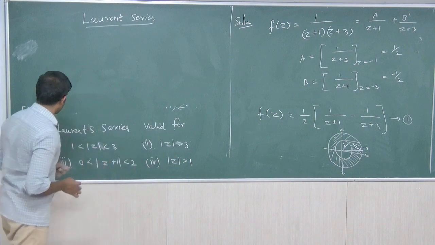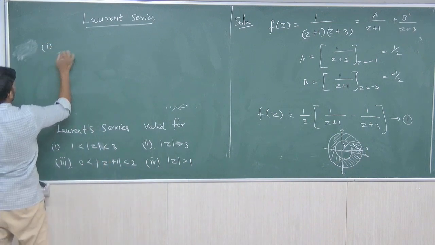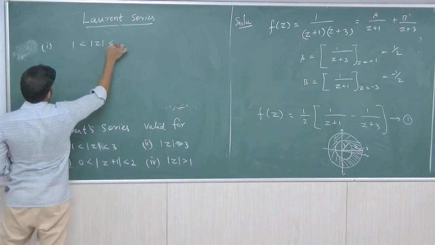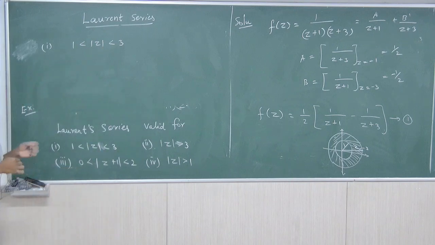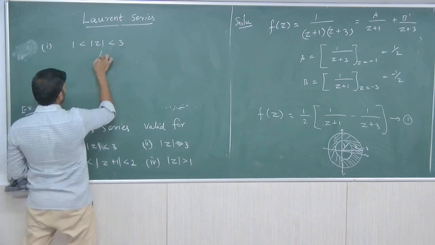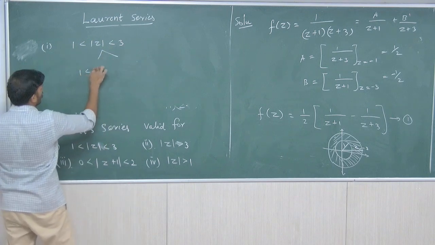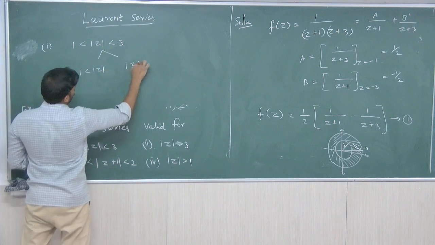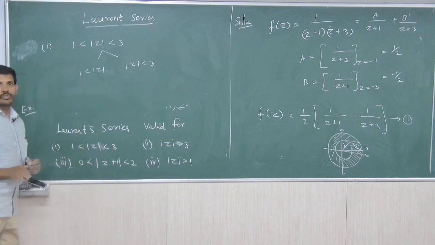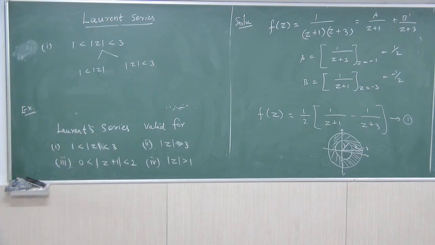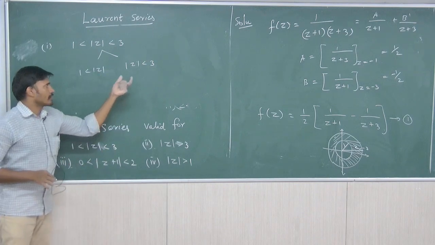So with the help of this region, I am going to take 1 less than modulus z and modulus z less than 3.